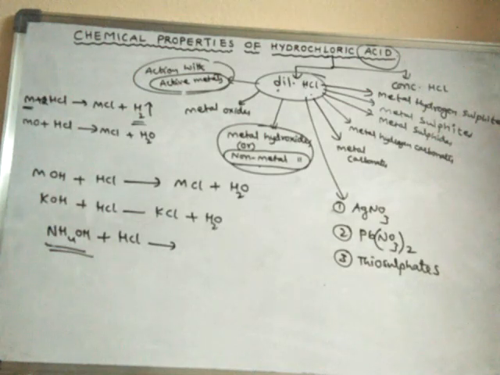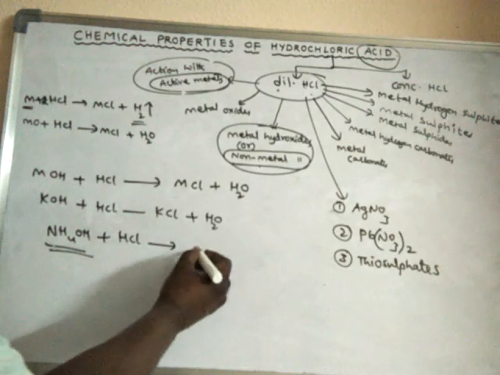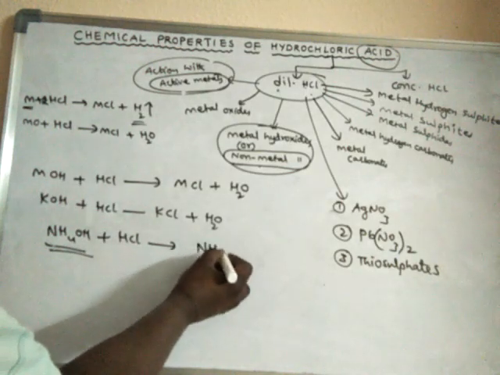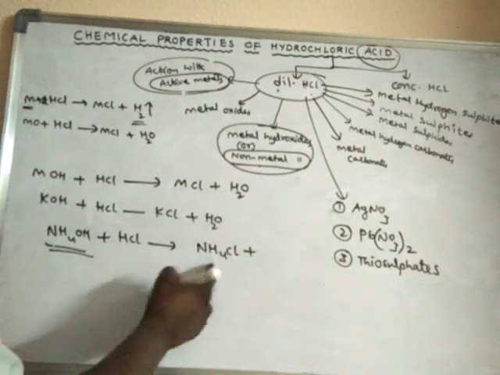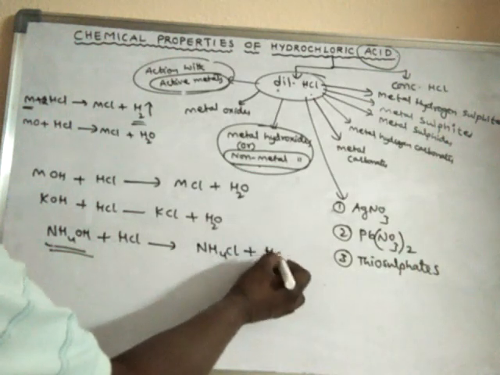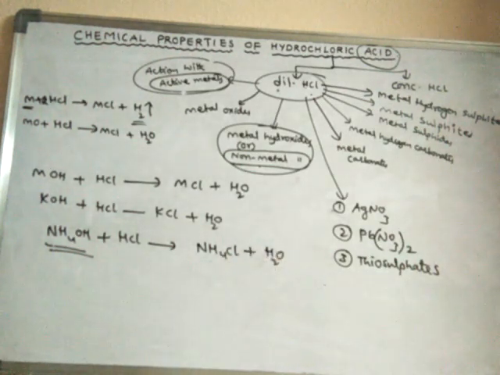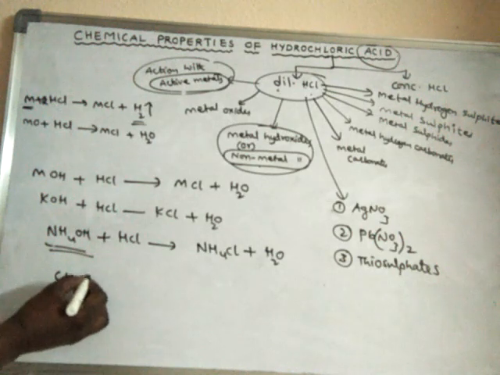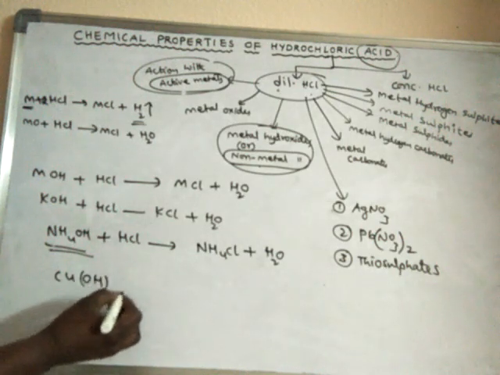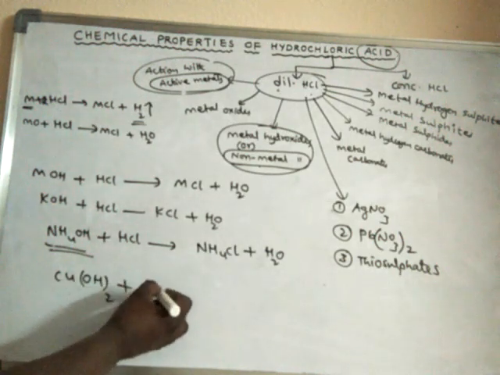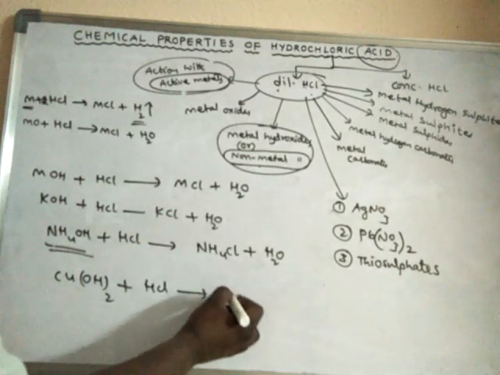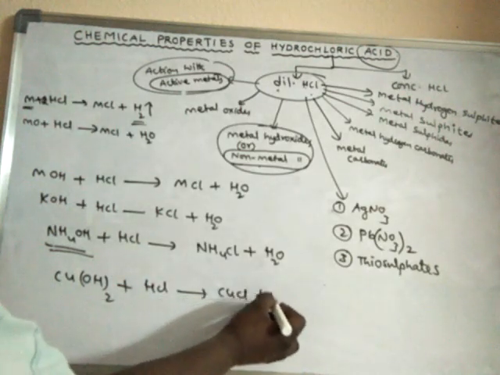So when ammonium hydroxide reacts with HCl, it forms ammonium chloride, salt and water. In the same way, copper hydroxide, a metal hydroxide, with HCl forms copper chloride and water.